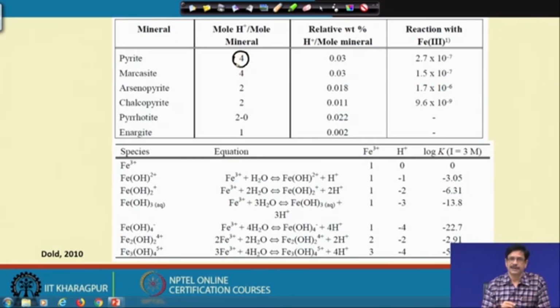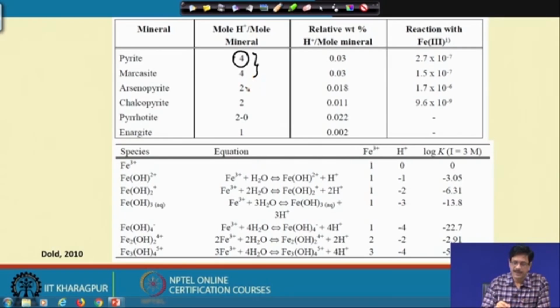Marcasite is just a polymorph of pyrite, also FeS2 in composition, and in most of its properties and in terms of the kinetics of oxidative reactions, it is almost similar to pyrite. So pyrite and marcasite are the two which generate the maximum amount of H plus ion, imparting acidity to the water.